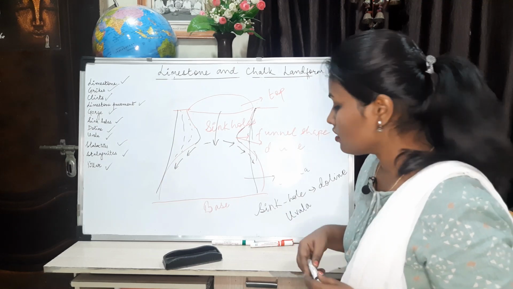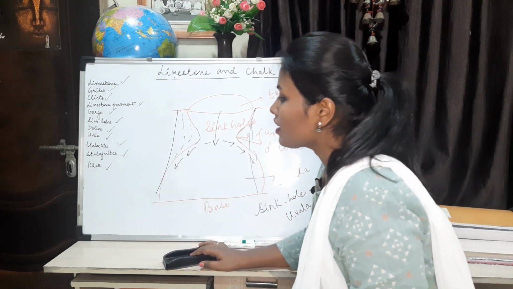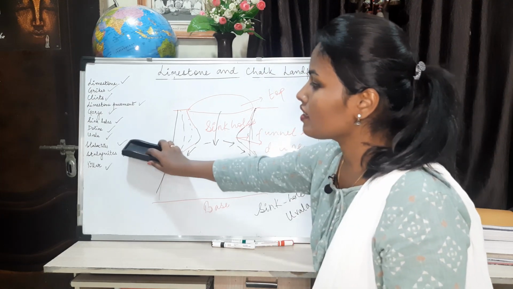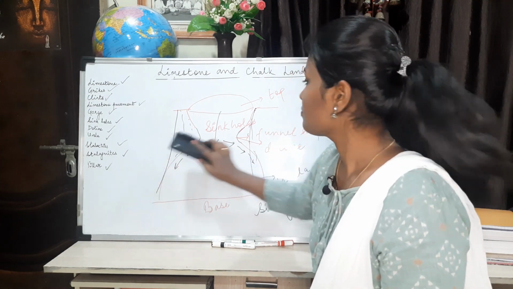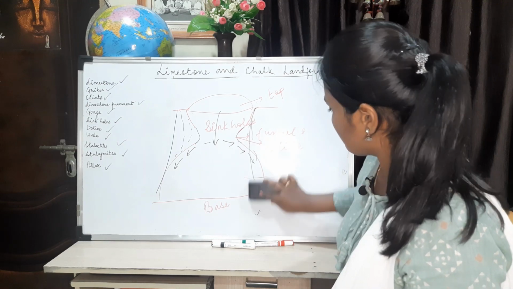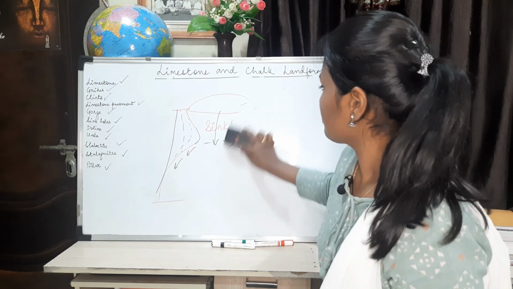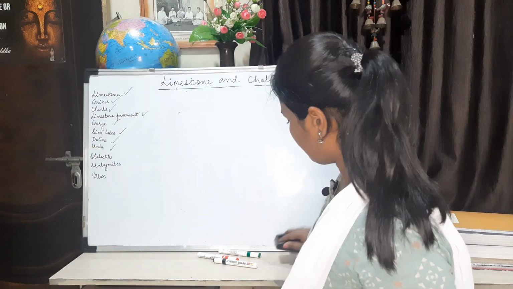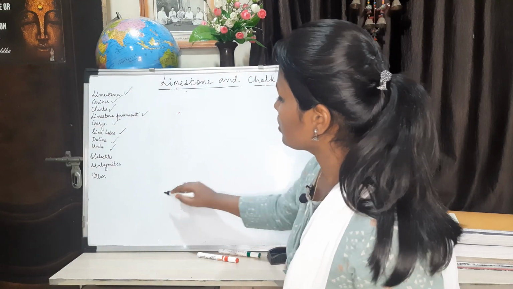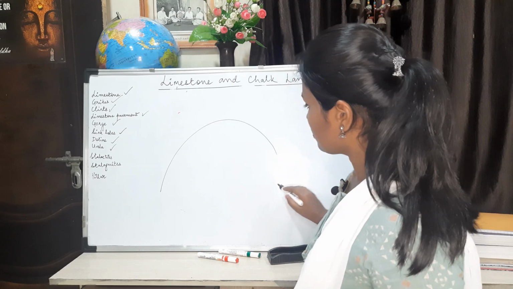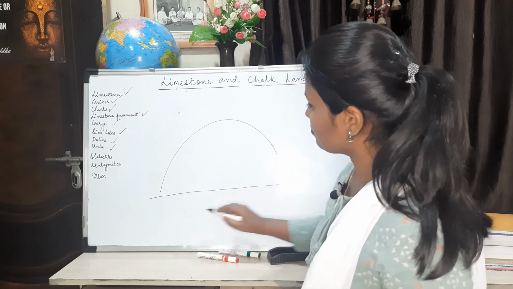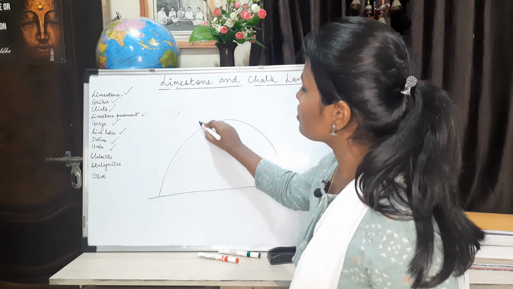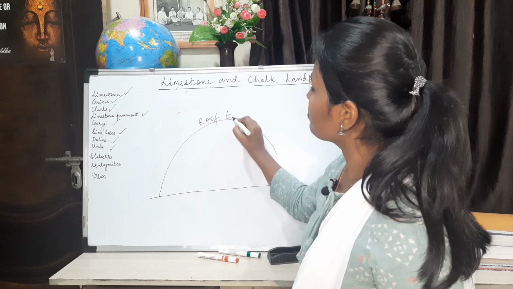Now we are taking the next landforms, that is stalactites, stalagmites and pillars. This is the cave, this is the base of the cave, and this is the rooftop of the cave.